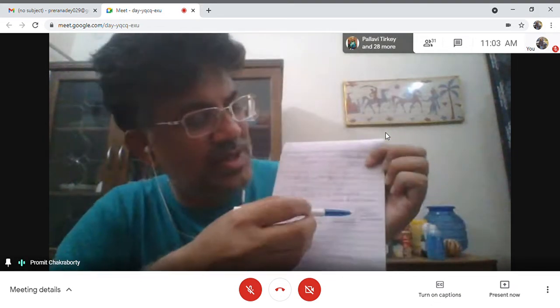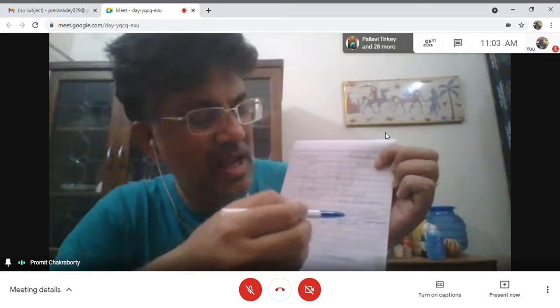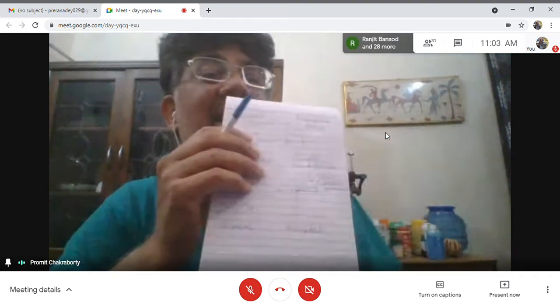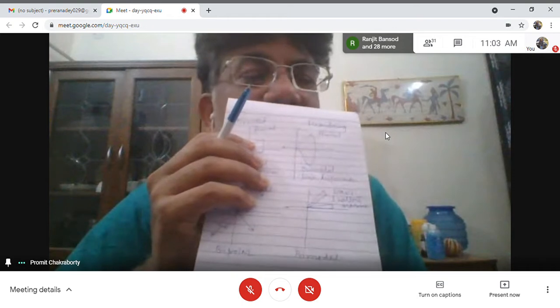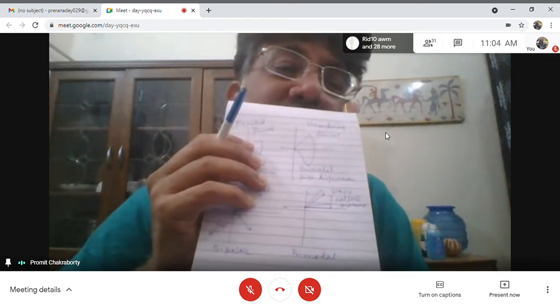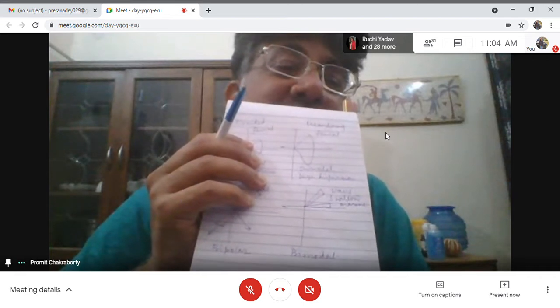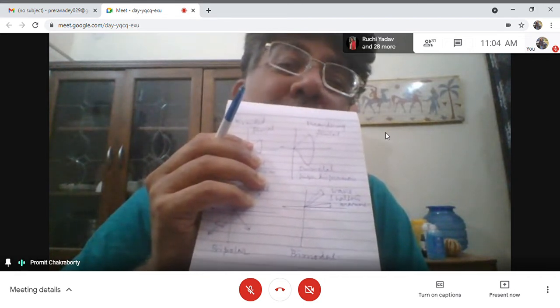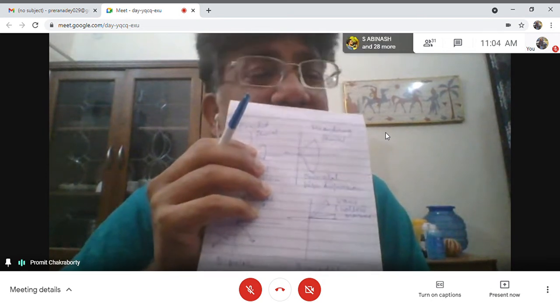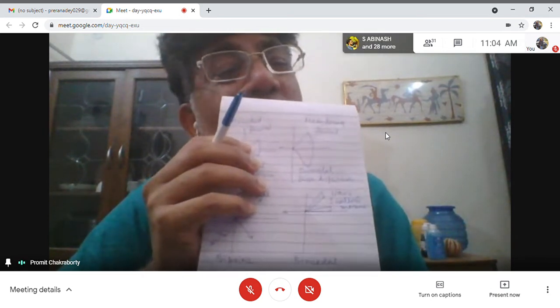Then come to the shallow marine. This is bimodal, not bipolar, bimodal. There is more than one mode. Here also, if you mix all the data, the mean has no value. Mean actually has value when you have unimodal data.